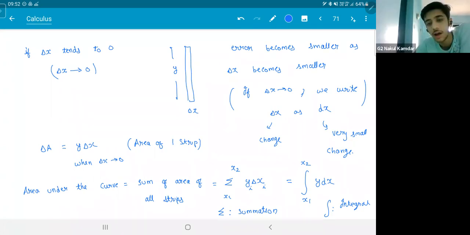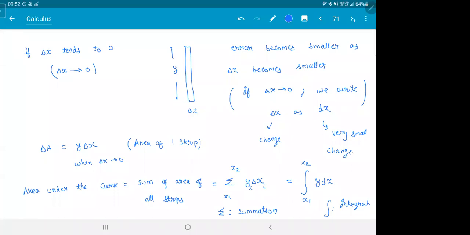So what is that y and x? You're taking different strips, no? So i goes from 1 to n. Never done this summation thing? Sigma, when I say xi, where i goes from 1 to n. In programming, you write a for loop. So the sigma is kind of like this.